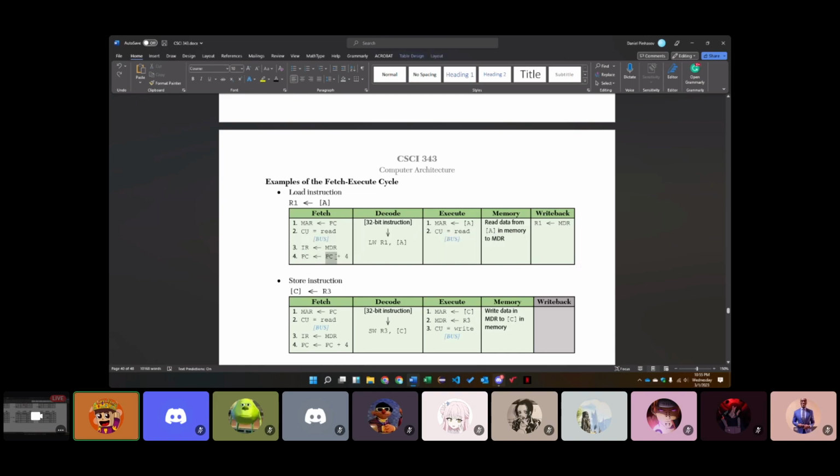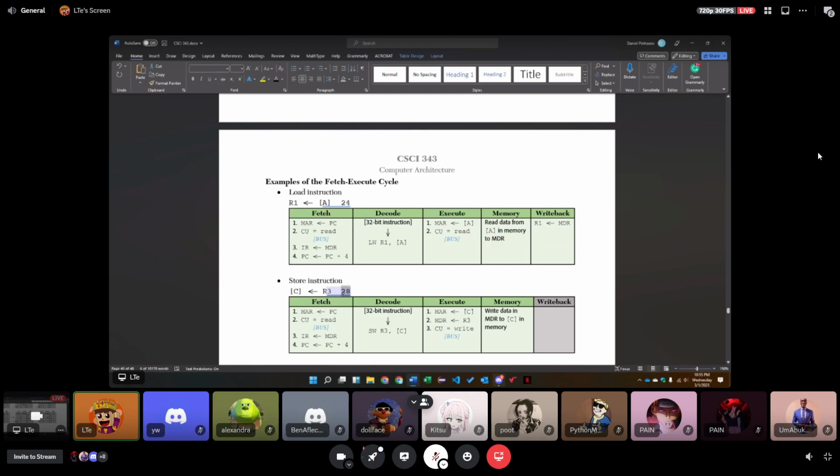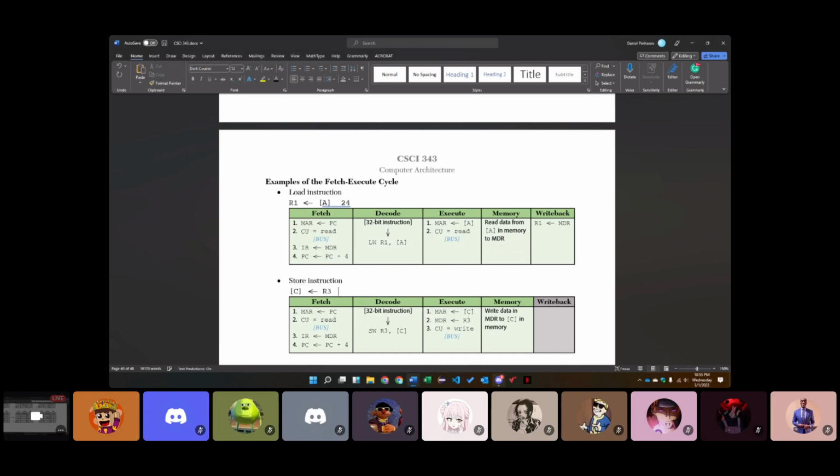PC basically points to this instruction's address plus 4, which means the next instruction's address. Let's say this address was 24, this was 28. The value of PC in the decode stage would already be 28 because it was already updated at the end of the fetch stage.